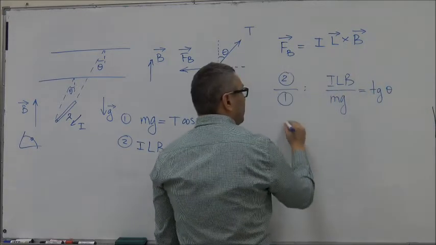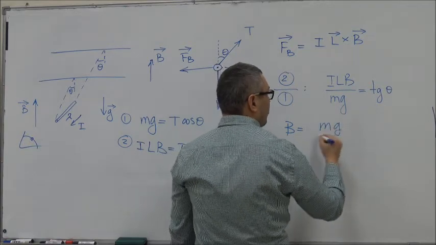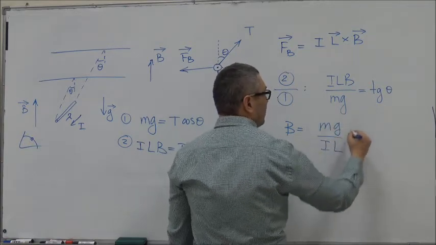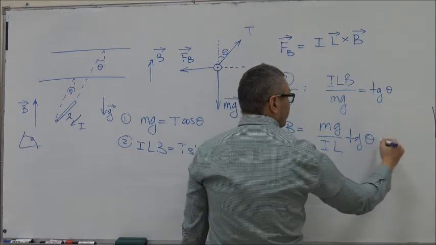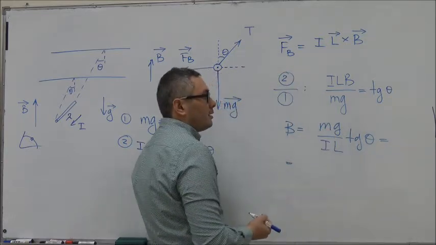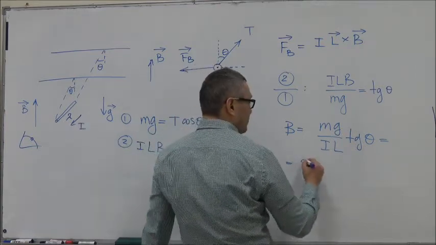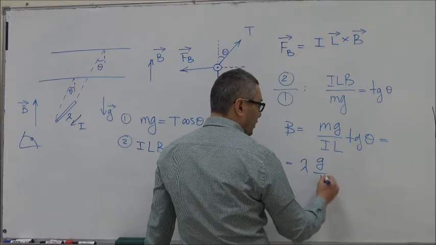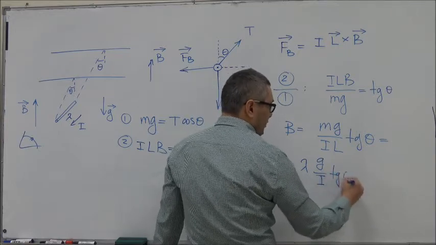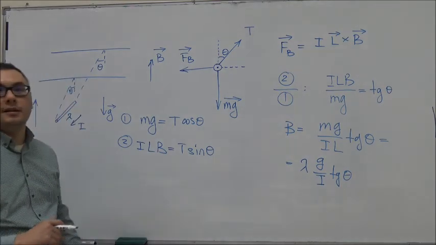And so B is therefore equal to mg over IL tangent theta. And m over L gives us the mass per unit length, which is lambda. So we get lambda g over I tangent theta. And that's it.